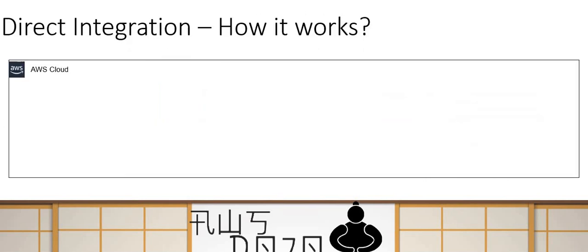So what are the steps required? How exactly does it work? What do you need to configure to make this whole configuration work? To be honest, it's pretty simple and straightforward, and it works like a charm. The first step is you create a Kinesis data stream, and there's no magic here. The way you have been creating Kinesis data streams, you create it in the same way.